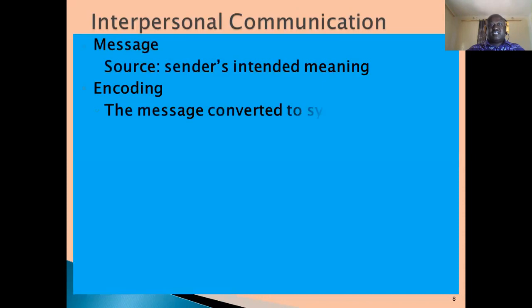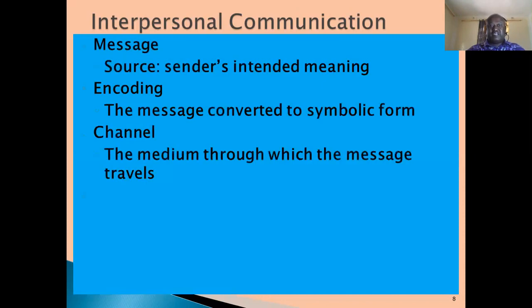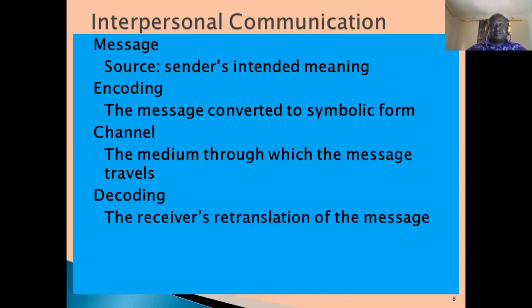What is interpersonal communication? Explained in detail. We have a message. The source of the message is the sender, with intended meaning. That is the message, the sender's intended meaning.